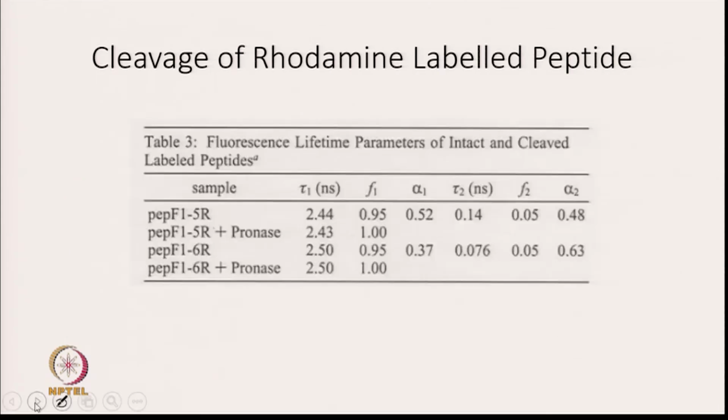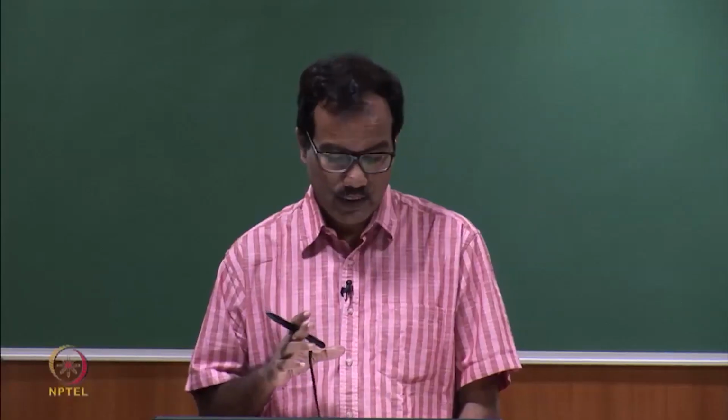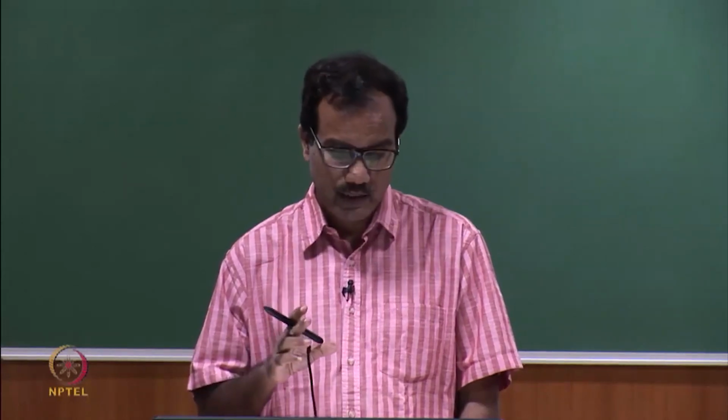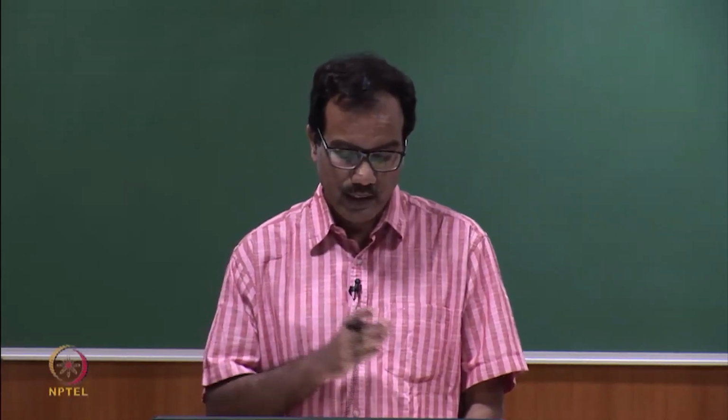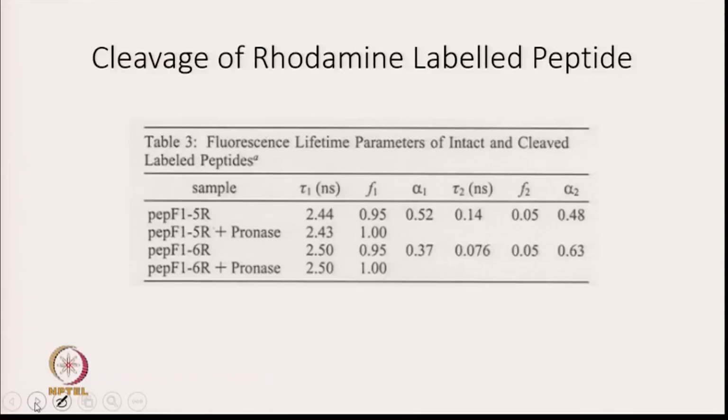Now, if I just look at fluorescence intensity, what we are going to see is whether it is cleaved or it is not cleaved. So, this is the rhodamine labeled peptide. It has two lifetimes, or it is basically bi-exponential.